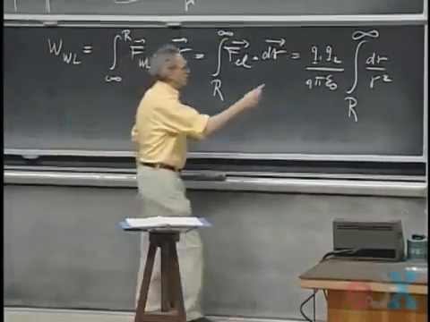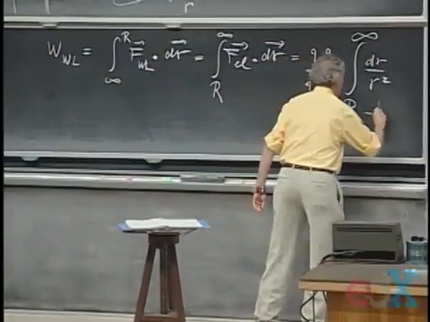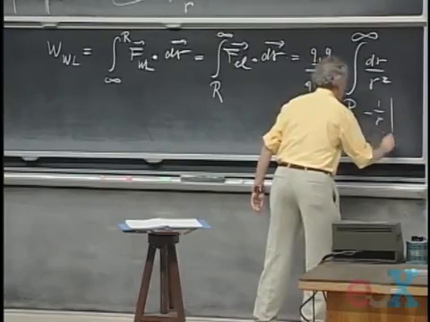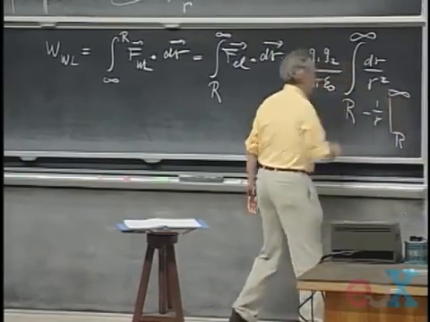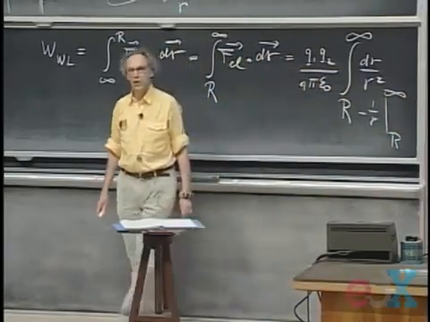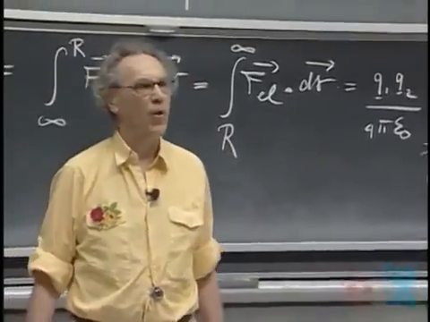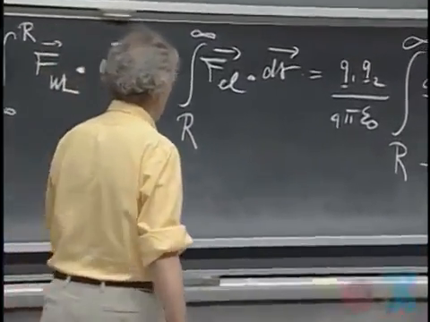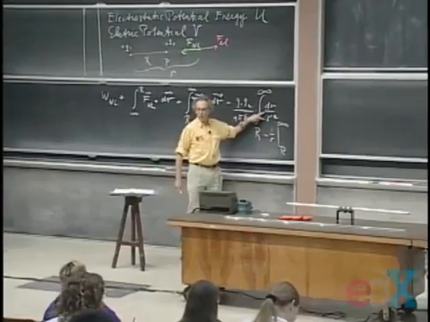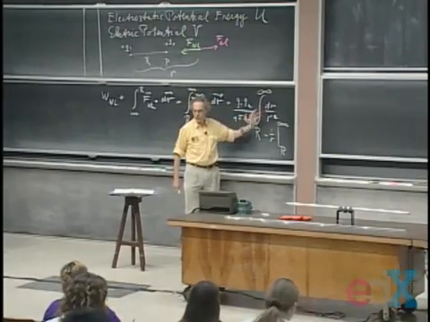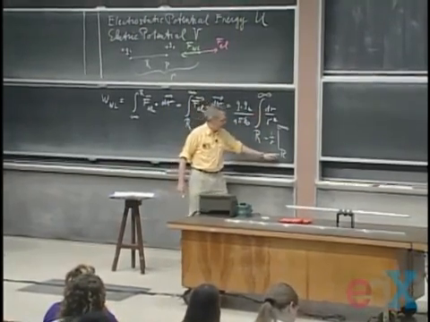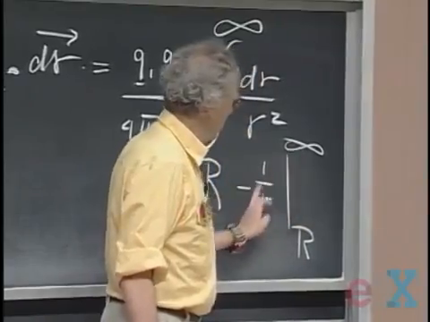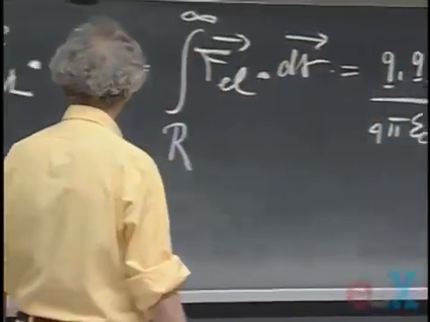And this integral is minus 1 over r, which I have to evaluate between r and infinity. And when I do that, that becomes plus 1 over capital R. Right? The integral of dr over r squared, I'm sure you can all do that, is minus 1 over r. I evaluate it between r and infinity, and so you get plus 1 over r.